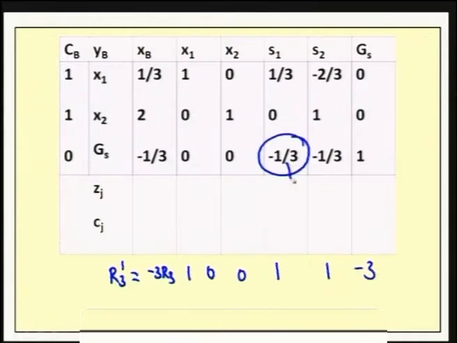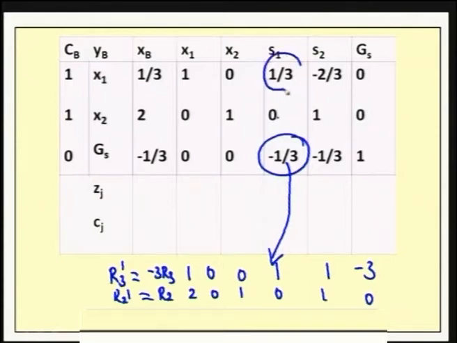So, this pivot element becomes 1. We have to convert the remaining elements in the column into 0. Since it is already 0, R2 dash is simply R2, which is 2, 0, 1, 0, 1, 0. Next, I have to convert this element 1 by 3 into 0. The row operation is R1 dash equals R1 minus 1 by 3 times R3 dash.